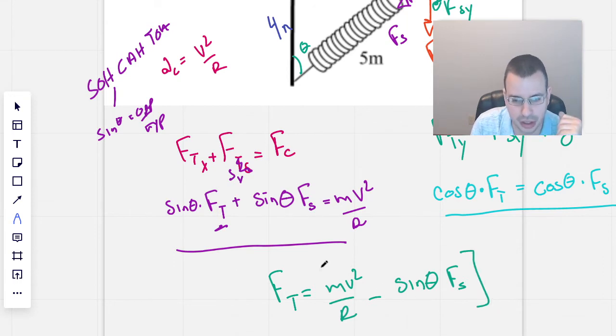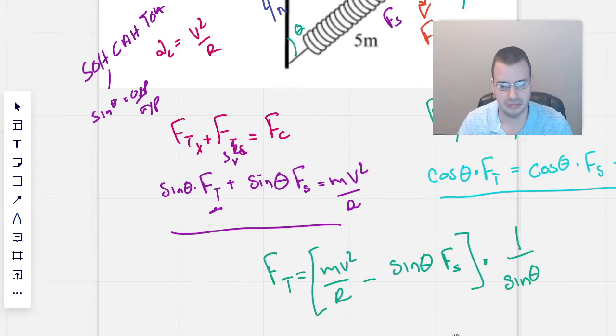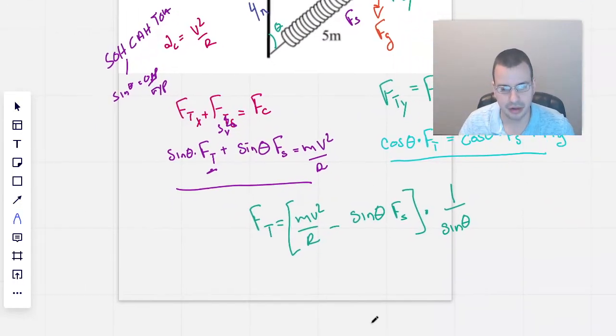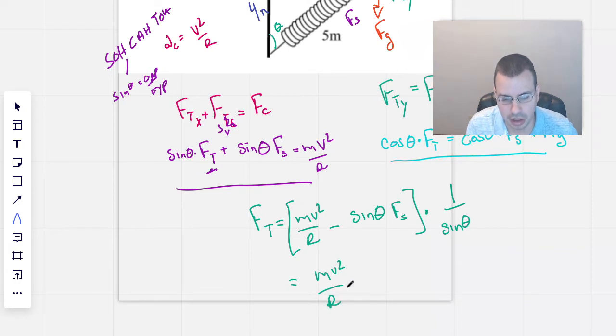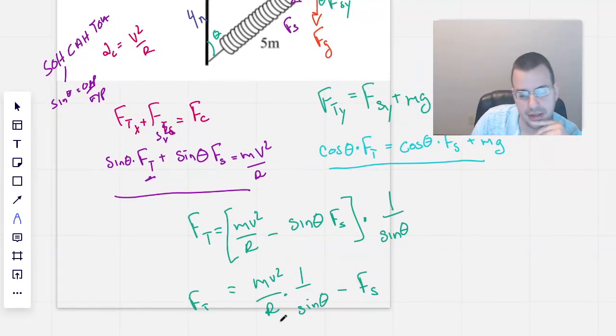Actually, what I'm going to do is multiply this by 1 over sine of theta, and I'm going to distribute it. So this is going to be mv squared over r times 1 over sine of theta minus force spring. And this is what force tension is.